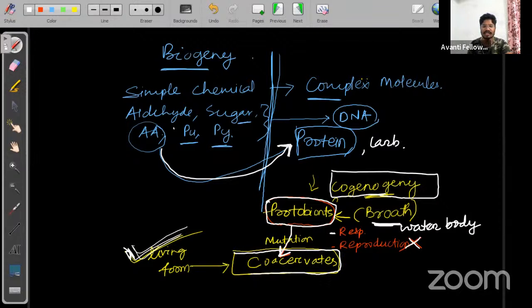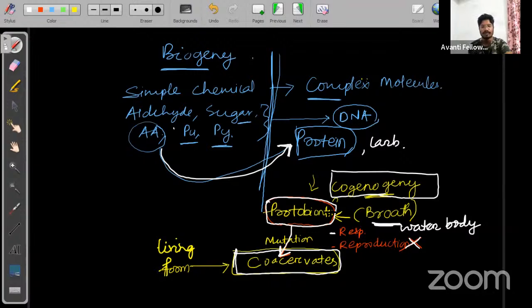After protobionts, who came? Cyocarbates came. Cyocarbates are the real living form, because protobionts did not have reproductive capability and most of the characteristics of the living organism were not shown by protobionts. That's why it is considered that the first living form is your cyocarbates.